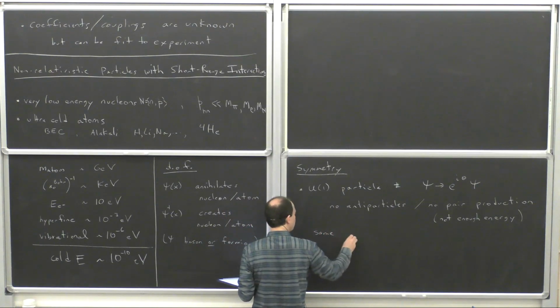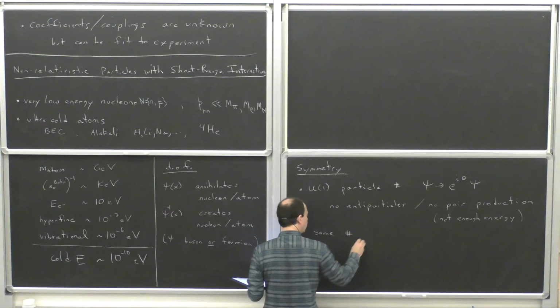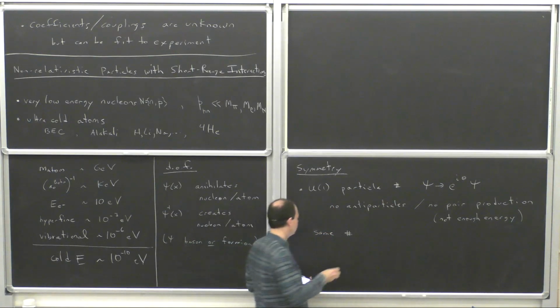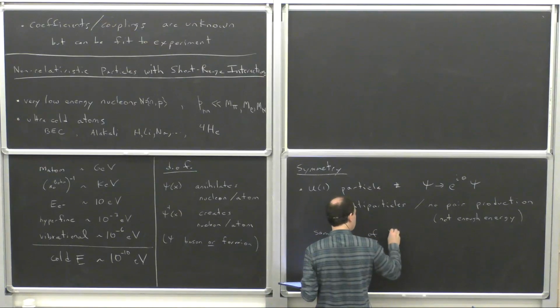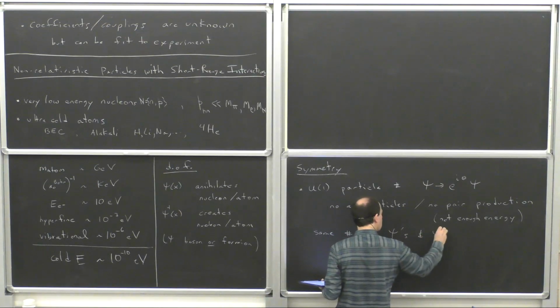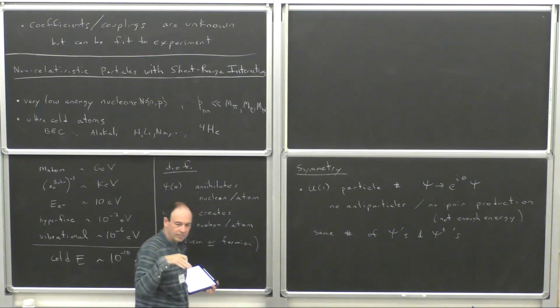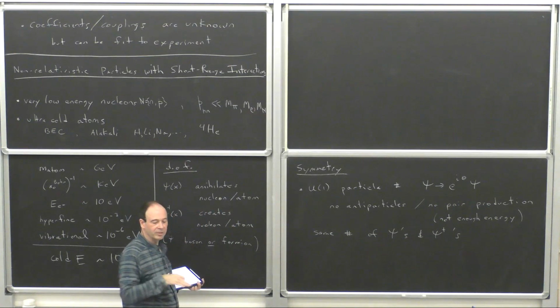And basically this means that when you're constructing an operator, if you want to preserve this symmetry, if you've got a psi, you better have a psi dagger. That means your operator might annihilate something, but then create it again and then preserve the number.